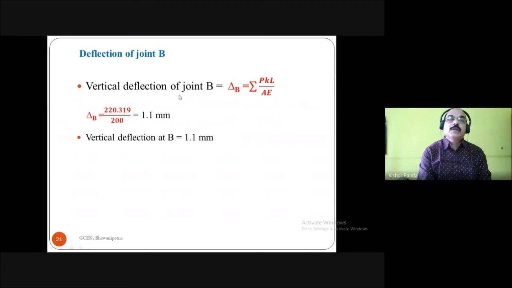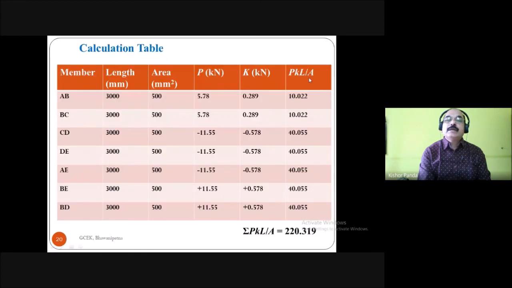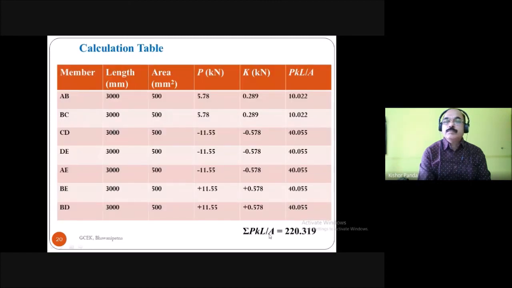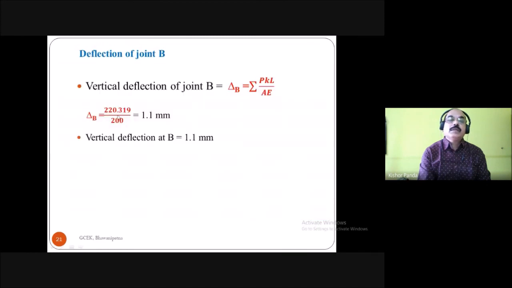The vertical deflection of joint B, delta B, is equal to the summation of PKL divided by A, divided by the modulus of elasticity, which is given in the question. You got the summation of PKL by A equal to 220.319. Putting in the modulus of elasticity, the deflection at point B is 1.1 millimeter.